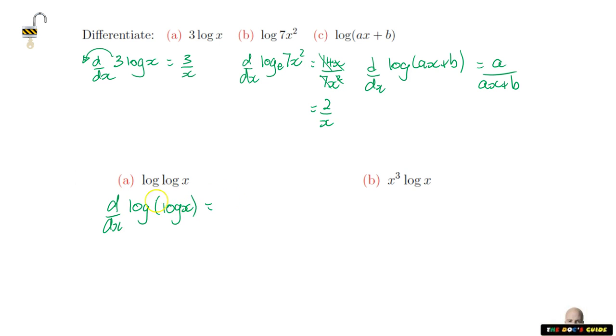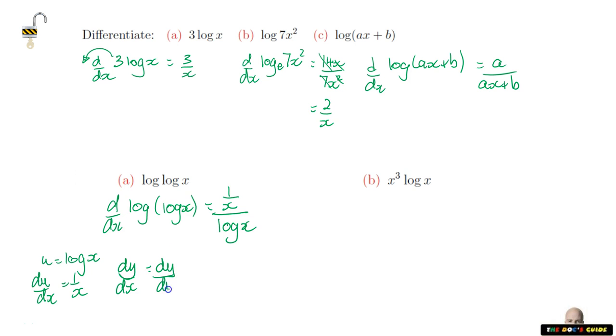So when we differentiate this part, what we would set as equal to u if we wanted to do the full setting out would be 1 on x, and we put it over log of x. Those of you who like to do it by saying let u equal log of x, therefore du dx is 1 on x, therefore dy dx, where y equals log of x, is dy du times du dx.